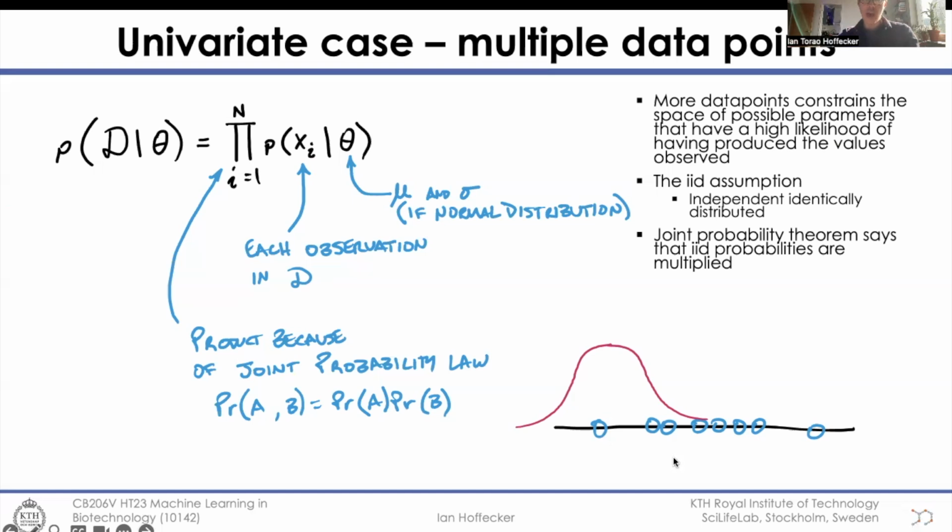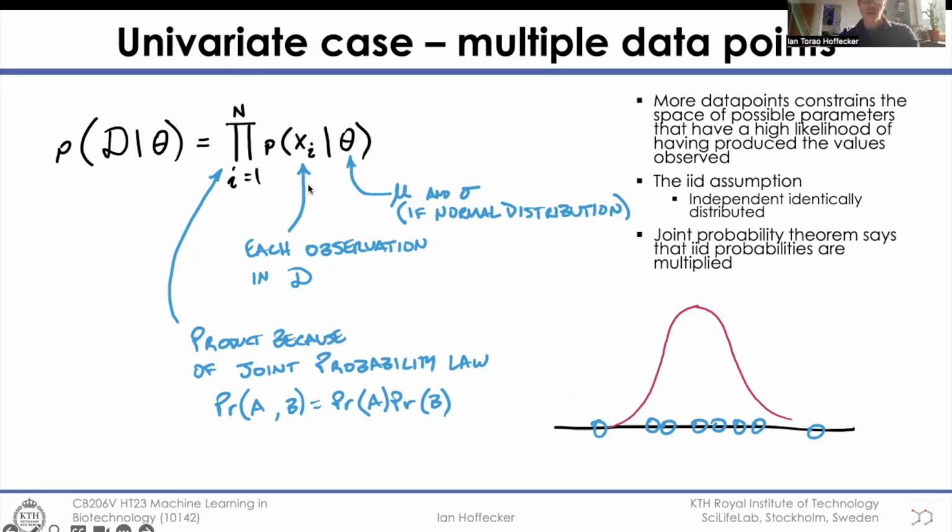What we want to do is maximize the likelihood that a particular distribution produced this data here. We're looking for something like this one here, which is centered where our data is centered, and the spread makes sense as well. The way we do this is by finding the product of all of these likelihoods for each data point.